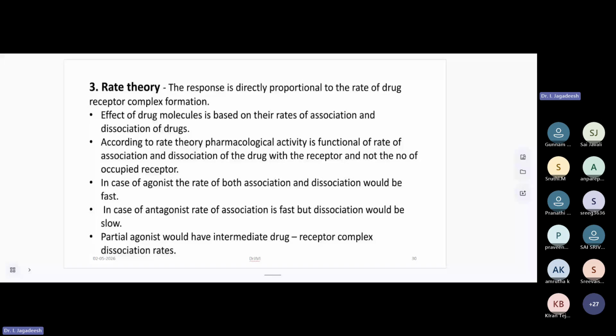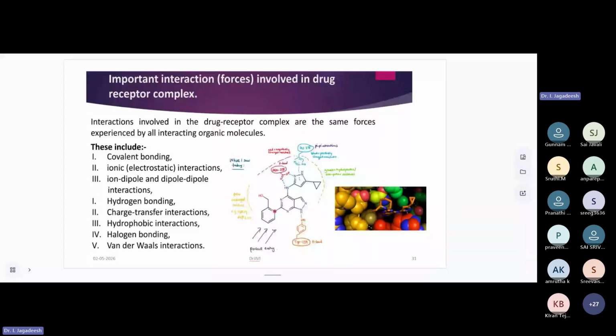That is the reason we need to consider computer-aided drug design as a pivotal role for managing our drug design and development. Next, we will see in the next class what bonds are required, and what types of bonds are present in drug-receptor complexation.